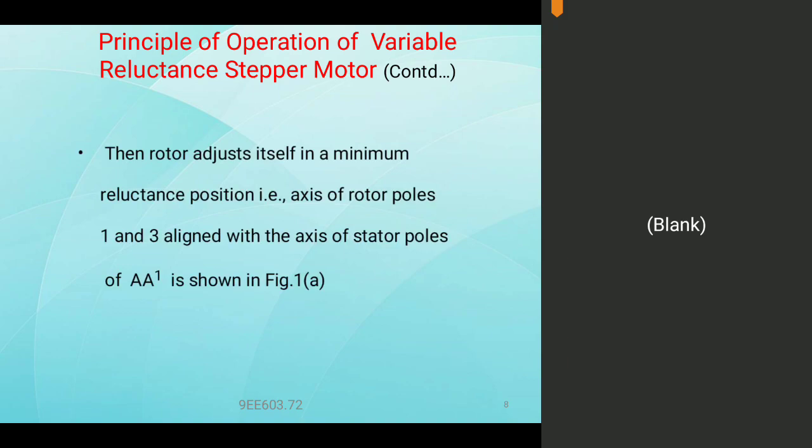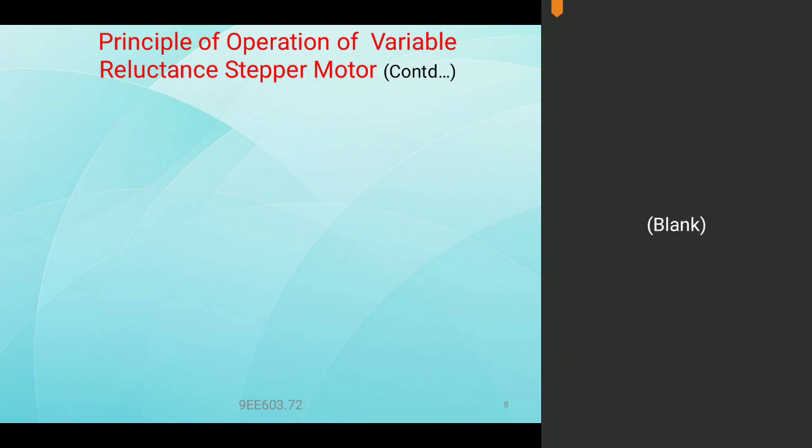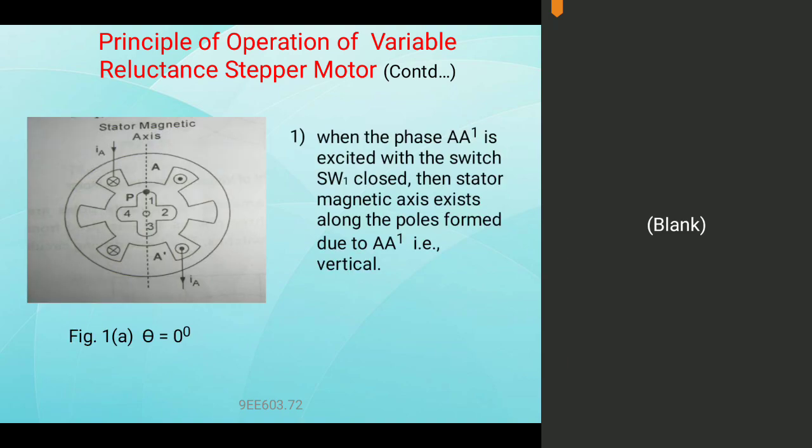Then the rotor adjusts itself to a minimum reluctance position, so that the axis of rotor poles 1 and 3 is aligned with the axis of the stator poles.